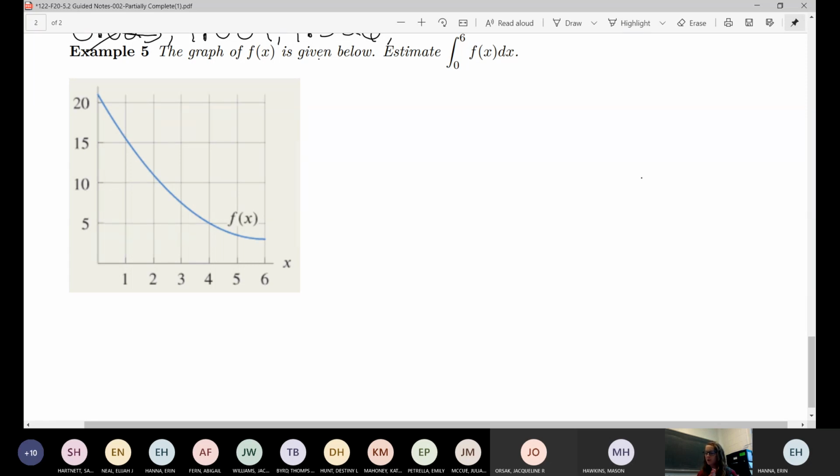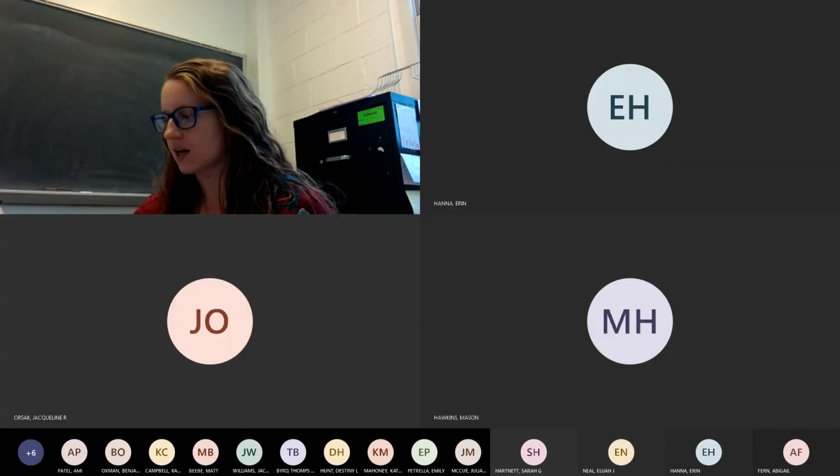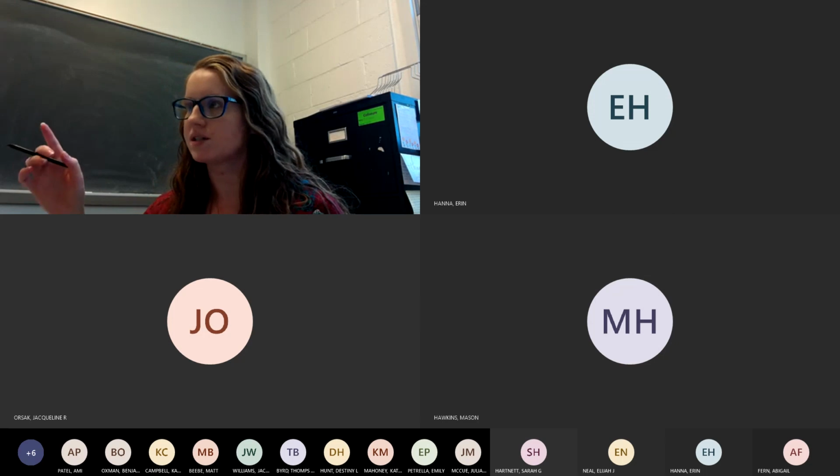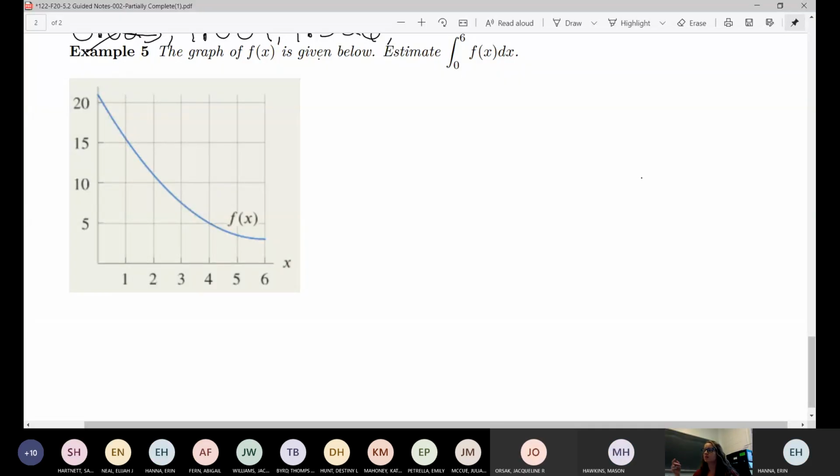But anyway, so we've got this. We don't actually have the function equation. We're just given the graph. So here we technically could do a Riemann sum. We could do a left hand and a right hand, and we could try to approximate what those y values are by just looking at the graph. But I also want to present a slightly different way that you can't always do, but we can do in this case, because notice that we kind of had to have a grid structure in the back.